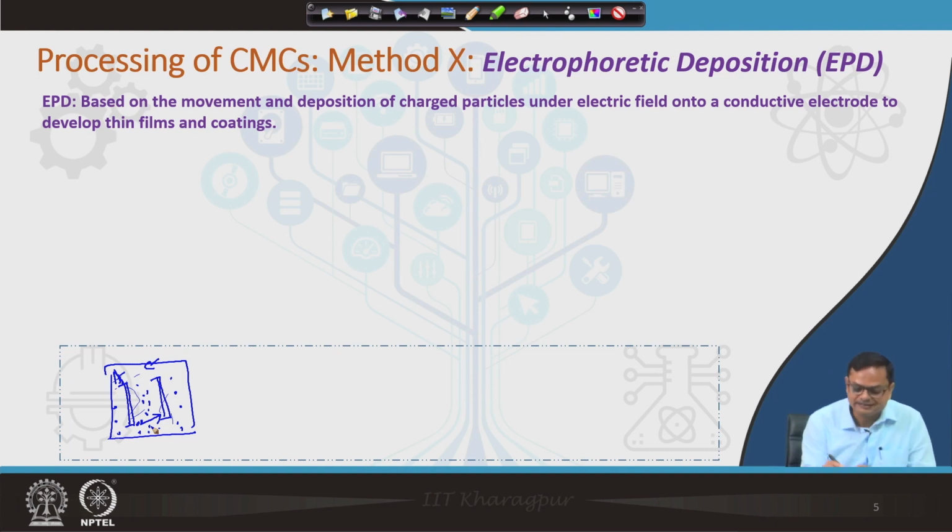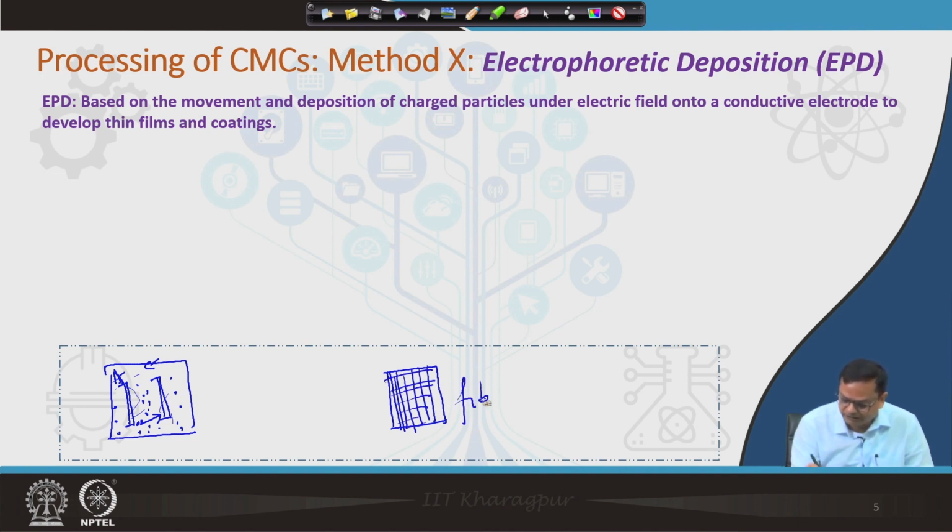Now, the idea is that we replace this cathode with a preform. So, now I have a fiber preform, basically that is the cathode, okay, and do the same thing.